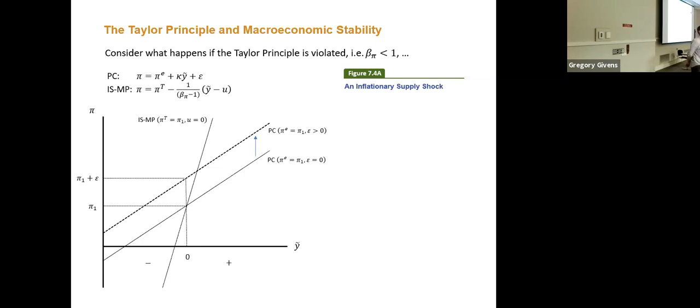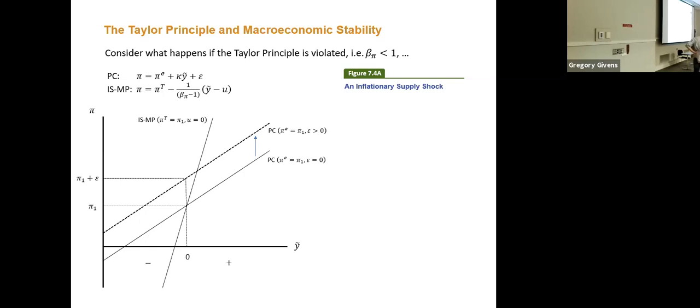This is what happened in the last class. We saw that an adverse supply shock shifts up the Phillips curve exactly by the size of the shock epsilon, right? So now at the same old output gap of 0, inflation rises from pi 1 to pi 1 plus epsilon. Now, what happened in the last class? The ISMP curve was downward sloping.